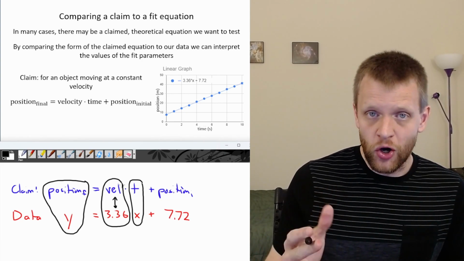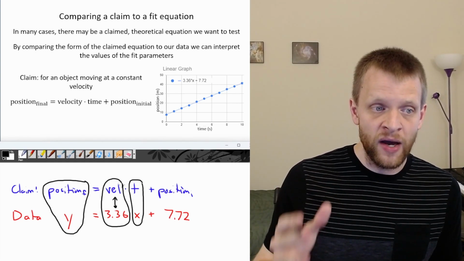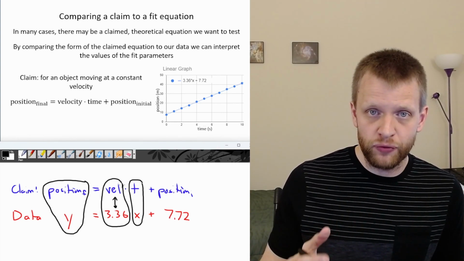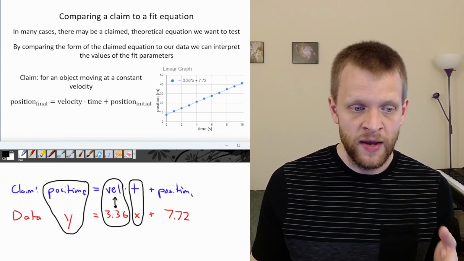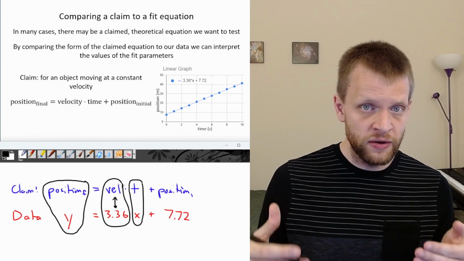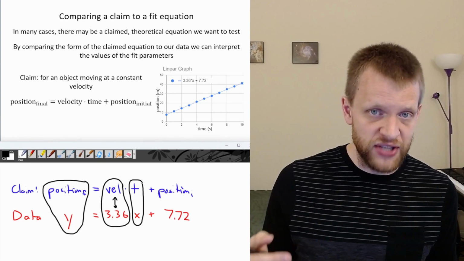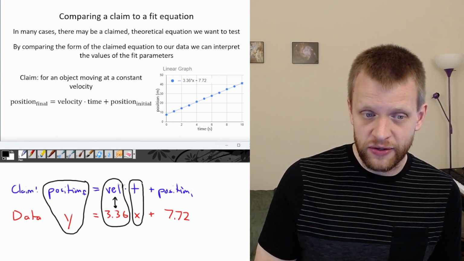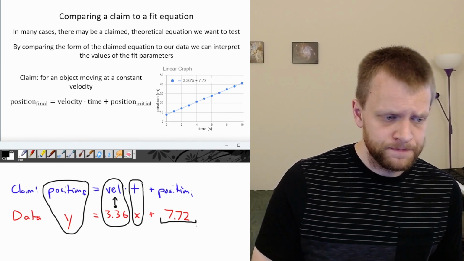So the slope of this position versus time graph will give me the velocity of this object. So that 3.36 is no longer just a number that the computer kind of spit out at us. We can say that that 3.36 value should be the velocity of the object. If this claim is actually true, we have a way of calculating the velocity of this object. What about the 7.72?